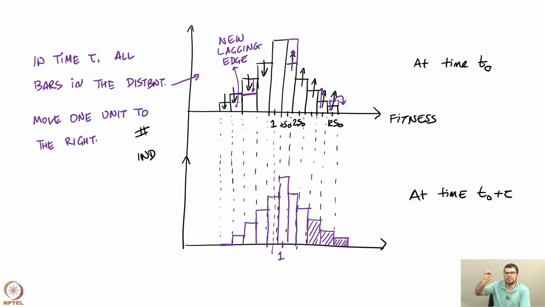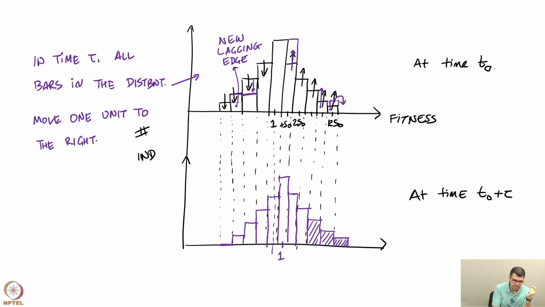The shape of the distribution does not change at all, but only that the distribution has moved to the right. That is the picture that this type of analysis paints for us.